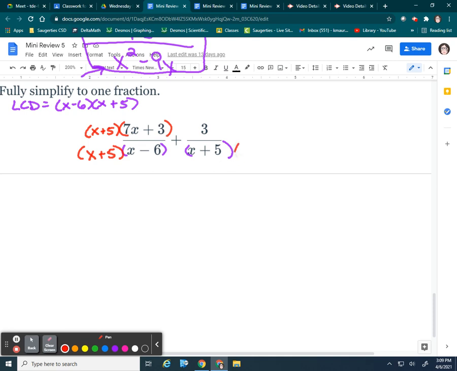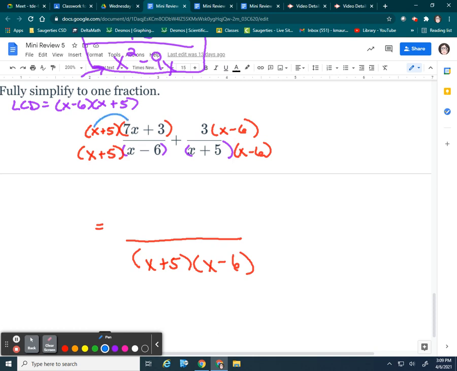And this one by x minus 6. So I'm going to keep this denominator factored just in case. And as I go, because this can get kind of crazy, I'm going to do my double distribution as I go. So I end up with 7x squared plus 3x plus 21x plus 15.